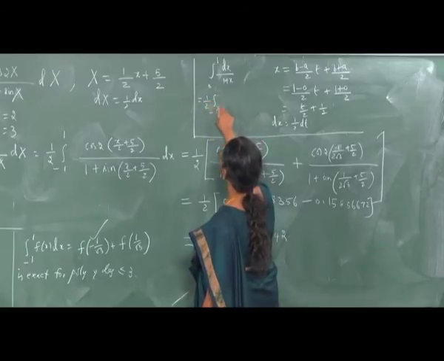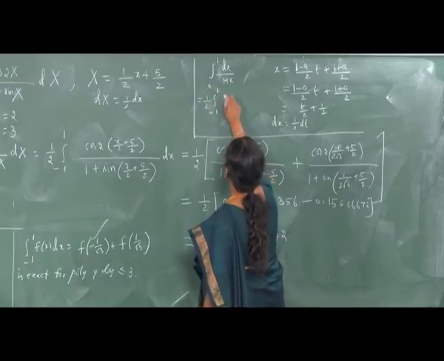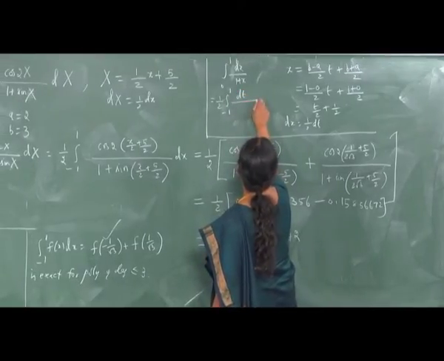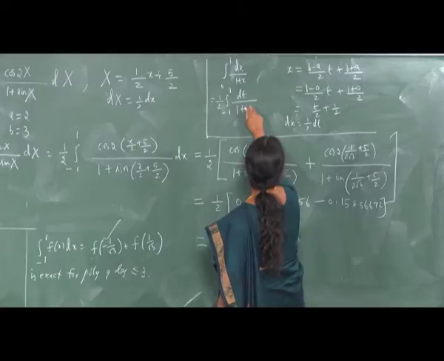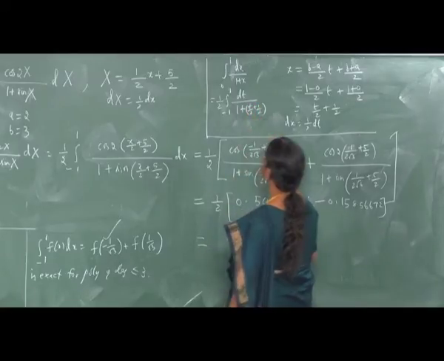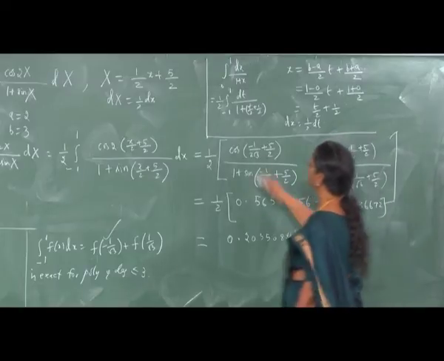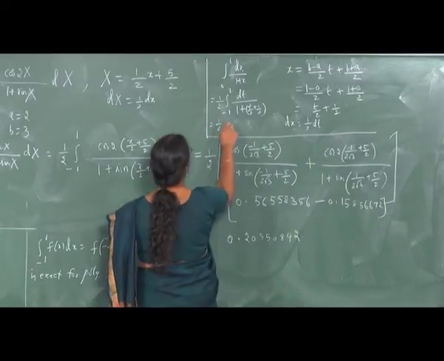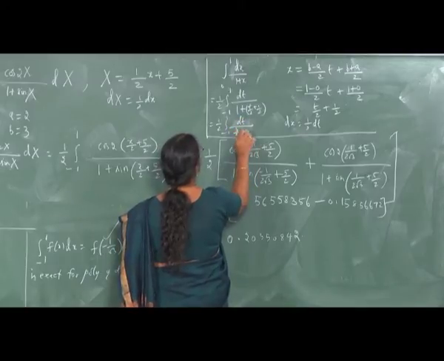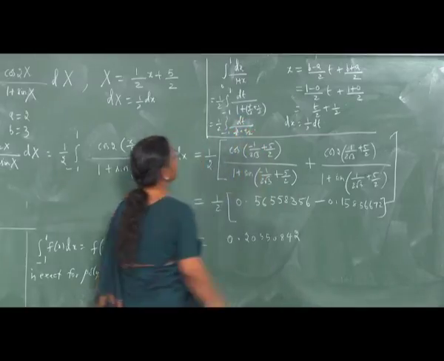It is half integral minus 1 to 1, right. Dx is half dt divided by 1 plus what is x? t by 2 plus half. So, it is half of the integral from minus 1 to 1 of dt by 3 by 2 plus t by 2.